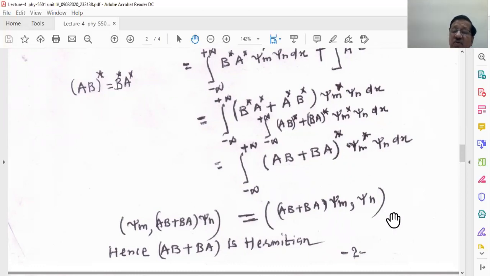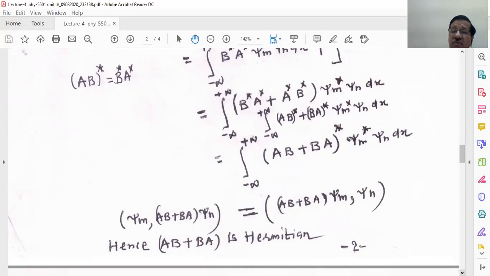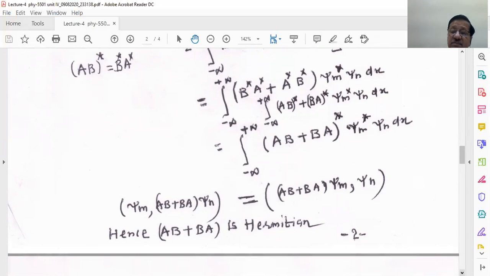So whenever you want to solve this particular problem, please write down the equation on a plain paper and derive it and show that AB plus BA is Hermitian, but the AB operation minus BA operation is not a Hermitian operator. Please solve this problem and do this exercise.